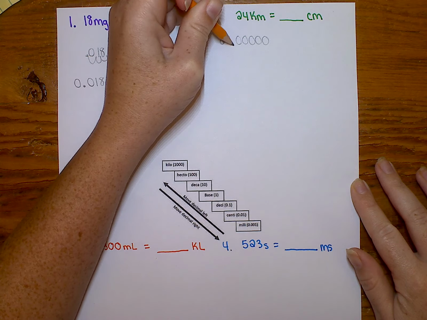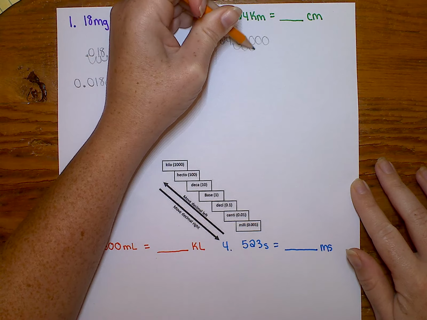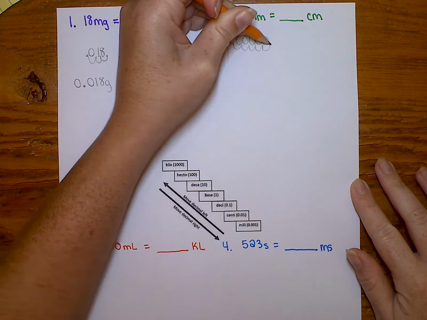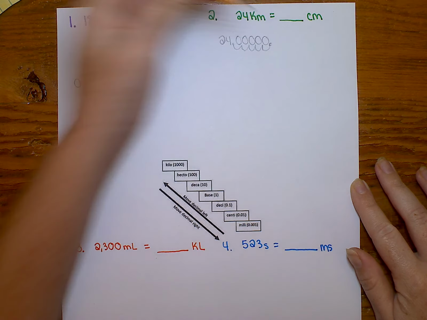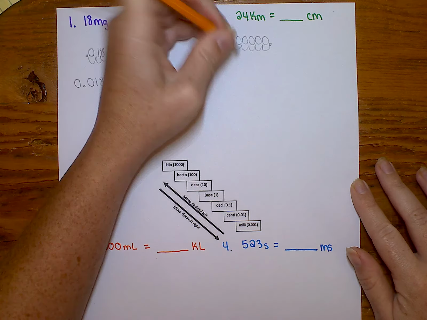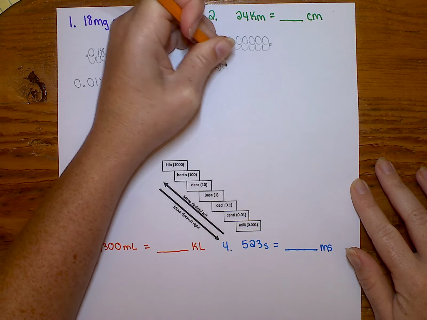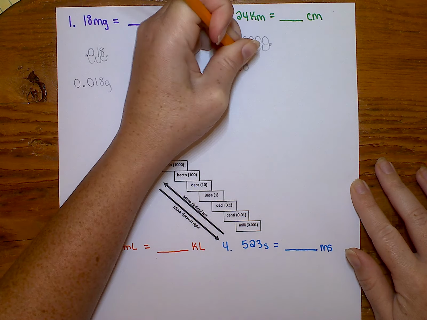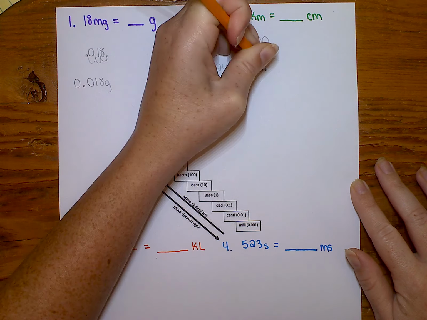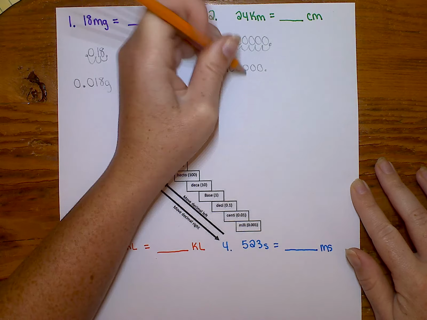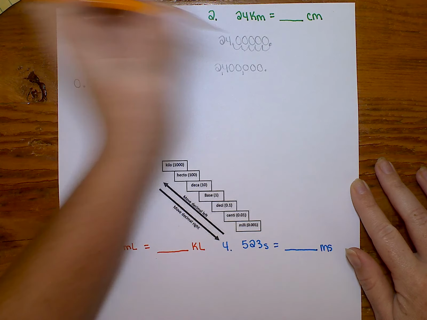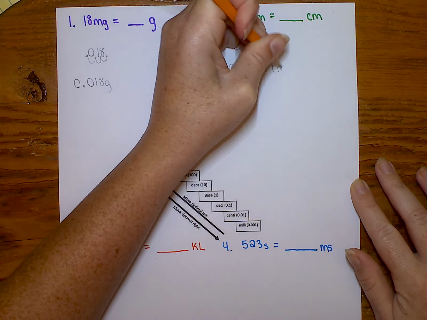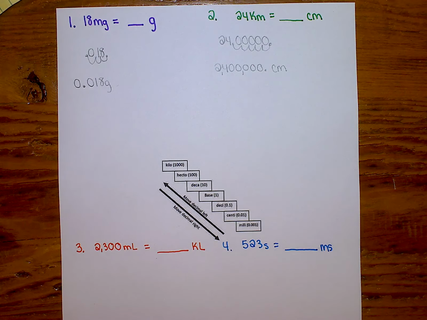Now we can move it 1, 2, 3, 4, 5. Put that decimal point there, and then we're going to rewrite the number: 24, and then 5 zeros. We're going to add our commas for good measure. And we want to use our units.